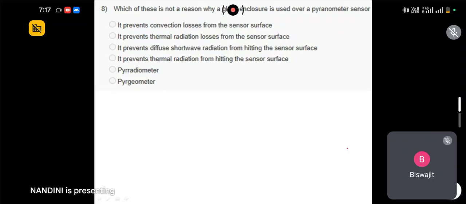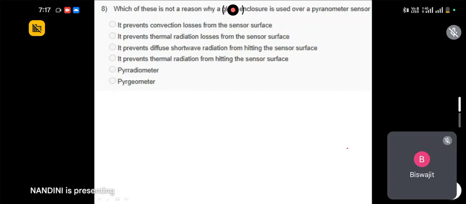If you have a glass surface, it will hit and then reflect back. It will prevent it from entering the sensor surface. We are measuring diffuse shortwave radiation only. So if we have a glass enclosure, it will not allow the diffuse radiation to enter the sensor, or it will prevent the shortwave radiation from hitting the sensor surface.